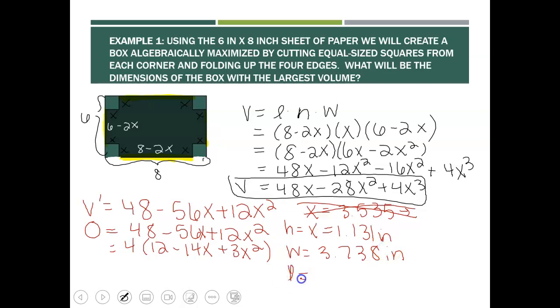And the length is 8 minus that, which is 5.738 inches. So when it said what are the dimensions of a box with the largest volume, those are your dimensions. So that is your answer, all three of those quantities.